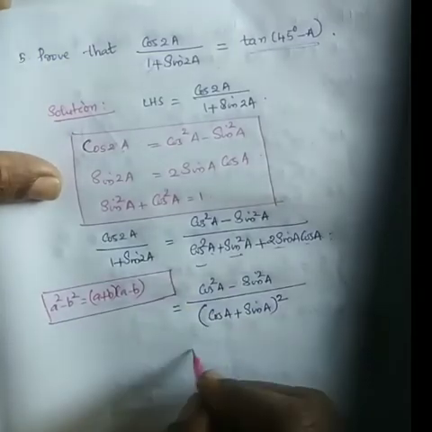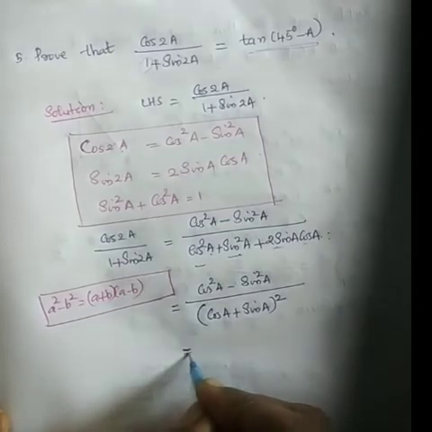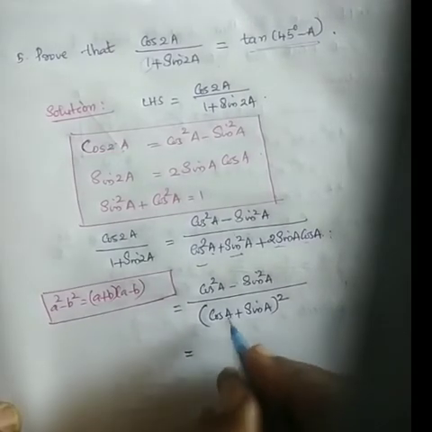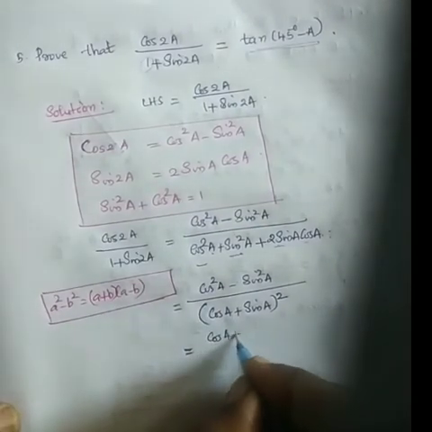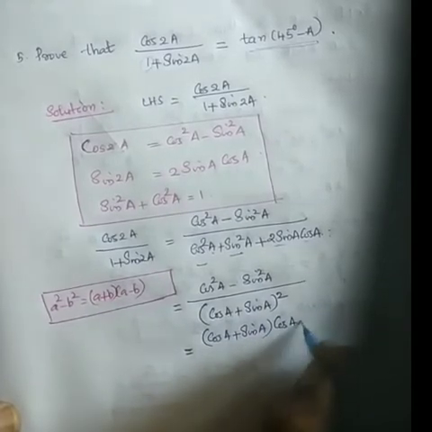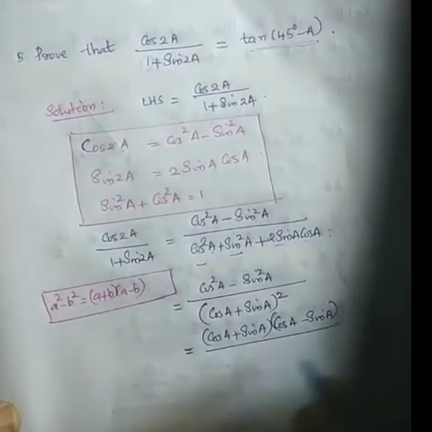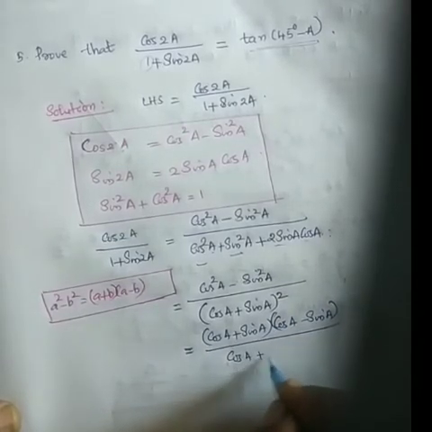So this can be rewritten as cos a plus sin a into cos a minus sin a divided by cos a plus sin a the whole square.